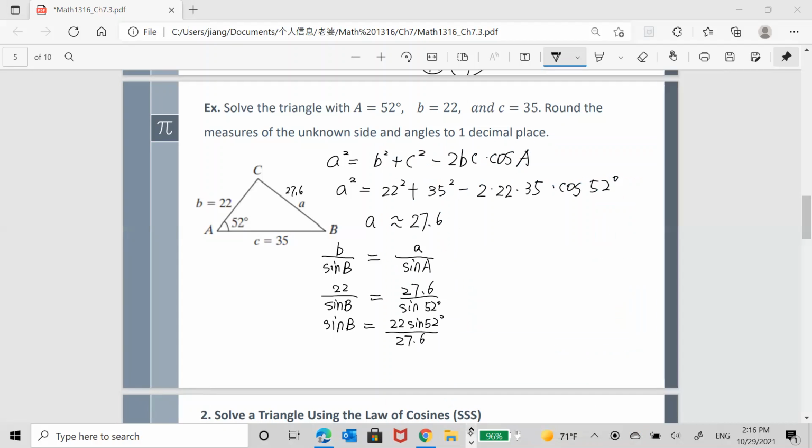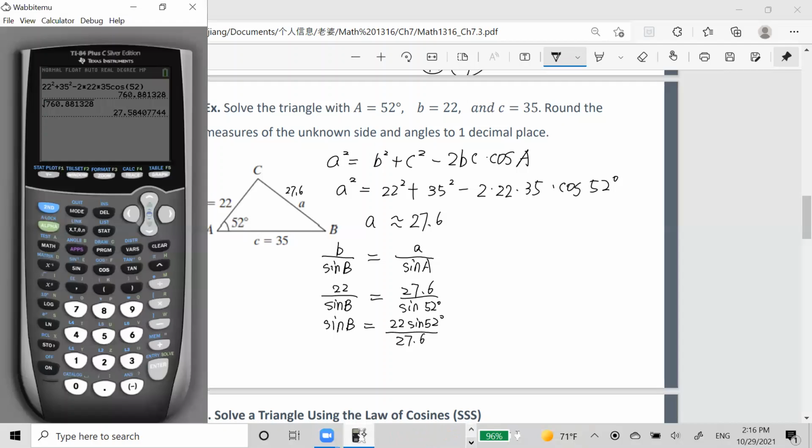Use the calculator. That's 22 times sine 52 degrees divided by 27.6. Let's see, that's 0.